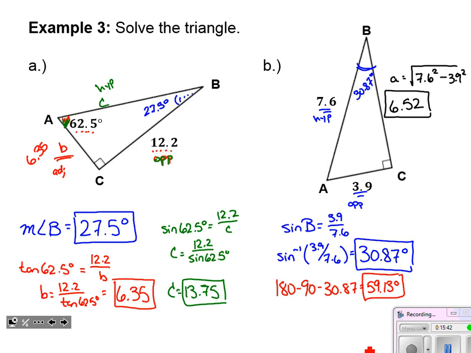So the measure of angle A right here is 59.13 degrees. A really, really neat idea of these trigonometric functions tying in with some of the geometry that we've done with right triangles and just coming together to solve a problem.